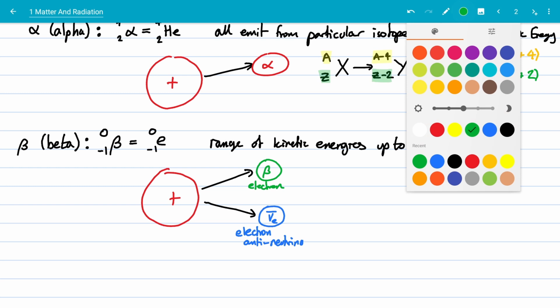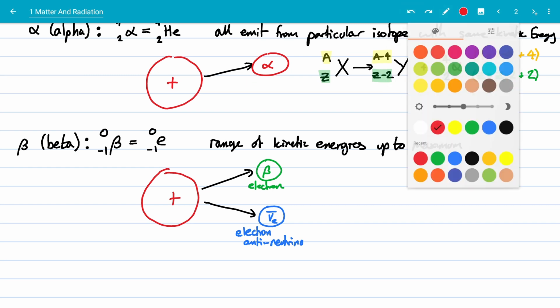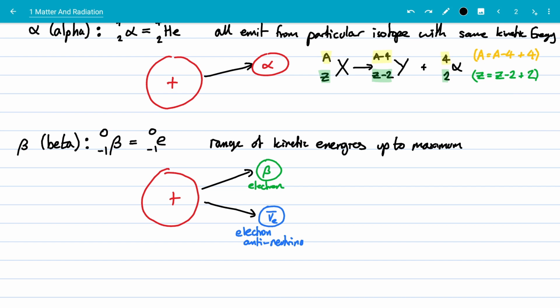And I suppose I should probably label this as a alpha particle. No, it's already got the symbol, I won't bother. So what's going on here in terms of chemical symbols, in terms of the reaction itself? Well, let's say we've got X with Z protons and A nucleons.